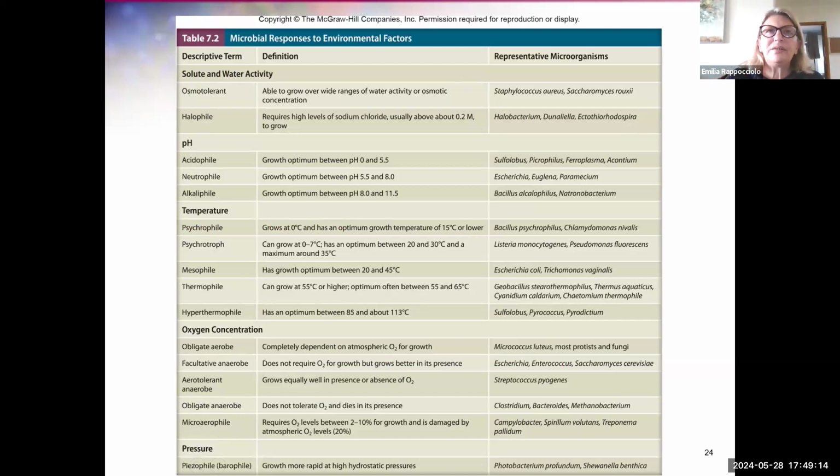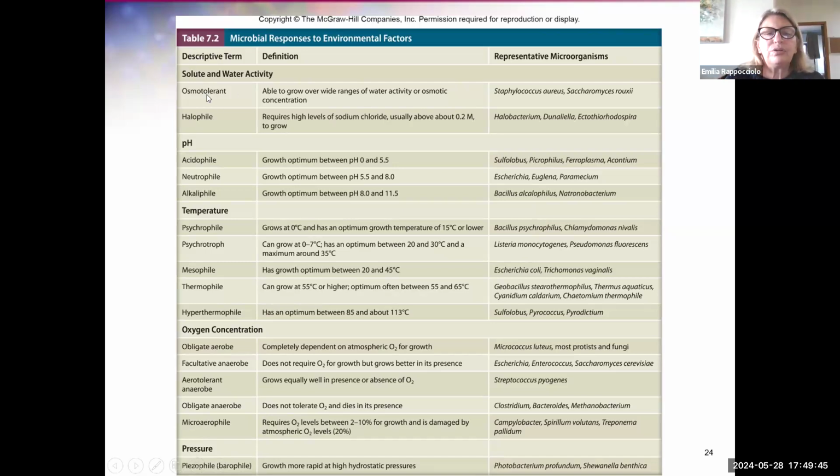We said the other day that having a cell wall helps bacteria protect from a hypotonic environment. But hypertonic environments are difficult, and in order to grow in a hypertonic environment, there is the need for specific mechanisms which make sure that there is no loss of water from the cell, plasmolysis and death.